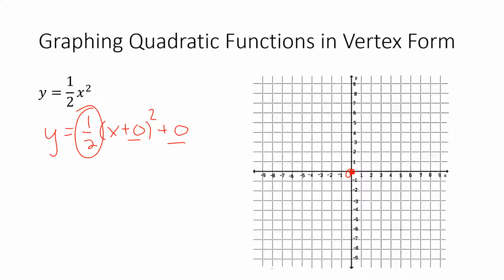So instead of going over 1, up 1, we're going to cut it in half. We're just going to go over 1, up half. Okay? After that, typically you would go over 2, up 4. If you cut that in half, we're just going to go over 2, up 2.